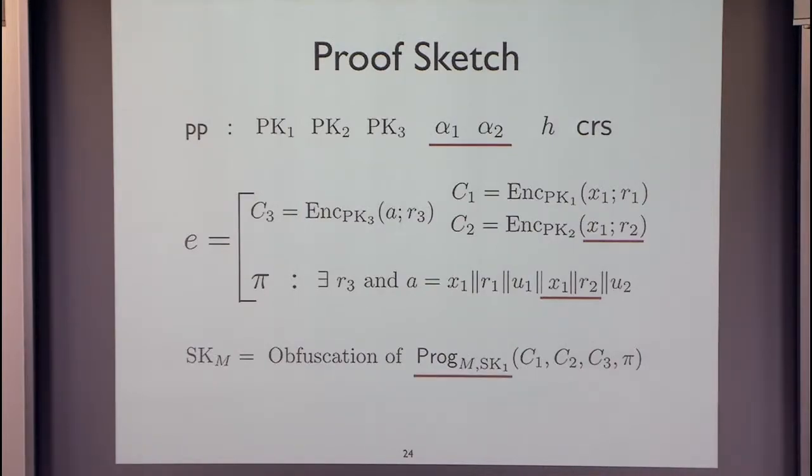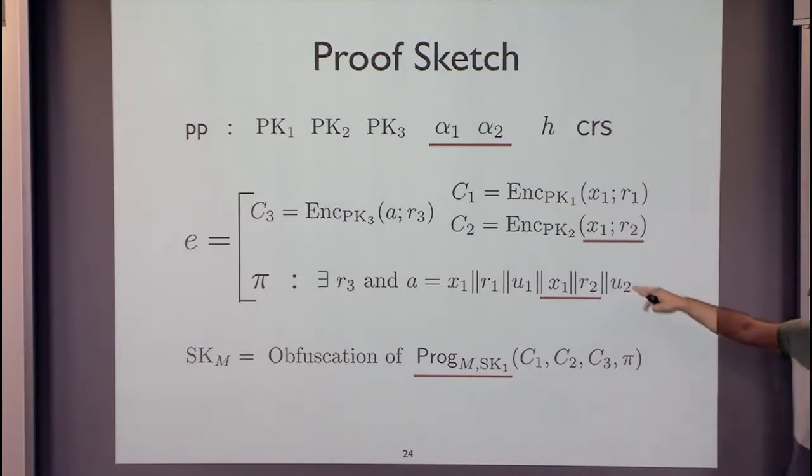Okay, and now I'm going to switch SK1 to SK2. This is okay because M of x1 is equal to M of x2. And in particular, this is where the hash function is being used. If there is an adversary who can distinguish this change, then you can extract a ciphertext which will have this particular structure. It will have C1, C2, and C3, and the proof will be correct.